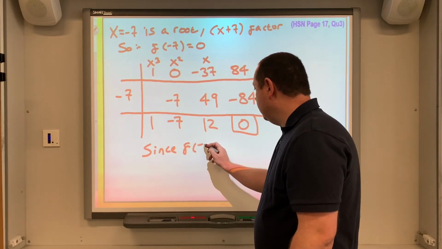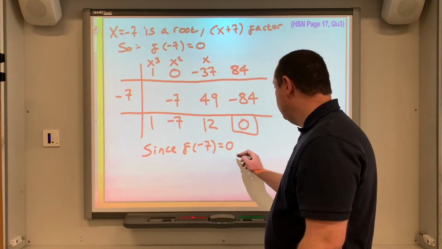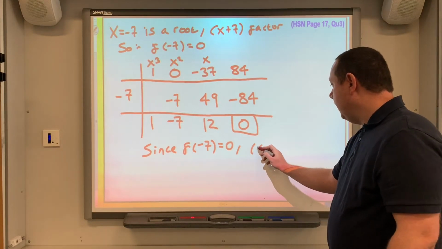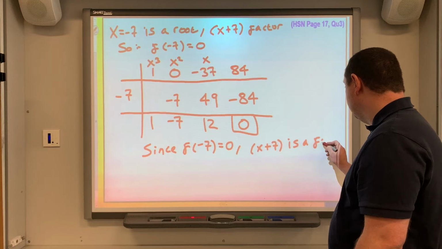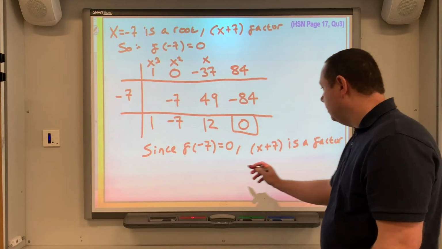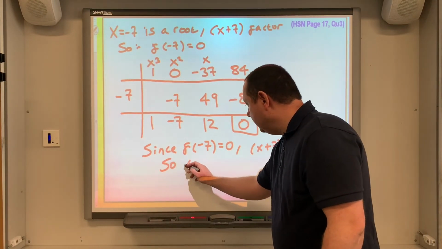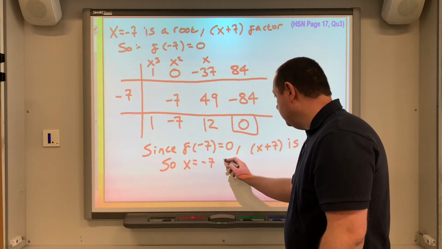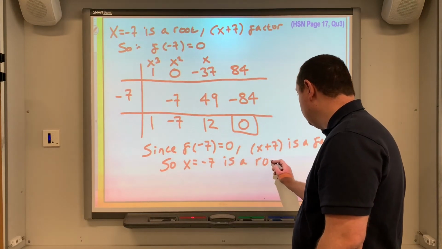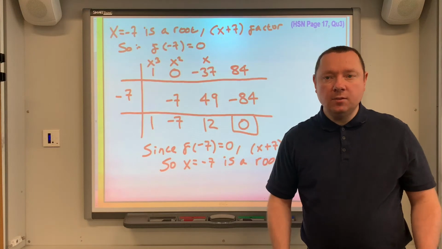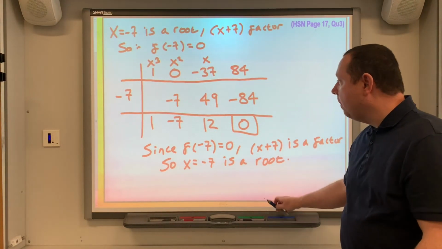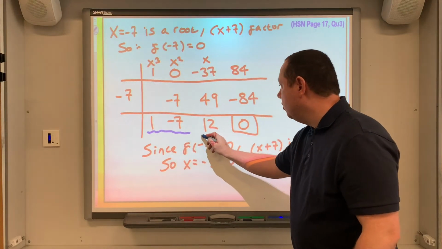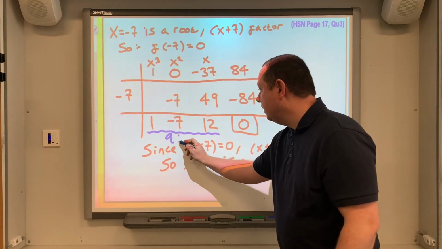Since f of minus 7 equals 0, x plus 7 is a factor. So x equals minus 7 is a root. The next part of the question asks us to then fully factorise it. Notice we found our root, but this bit here is now our quotient, q of x.